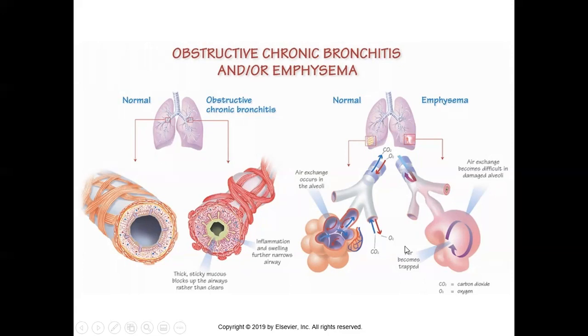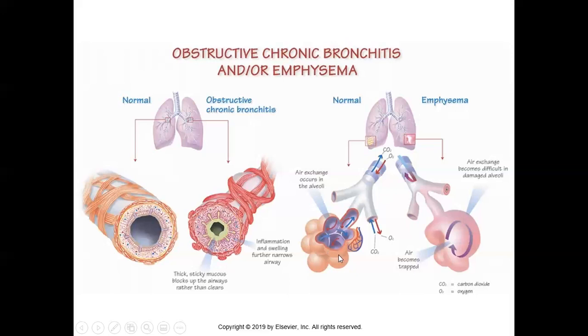In this picture, we can see the normal lungs, where air exchange occurs in the alveoli. But here we can see the air exchange becomes difficult in damaged alveoli, and the air becomes trapped.